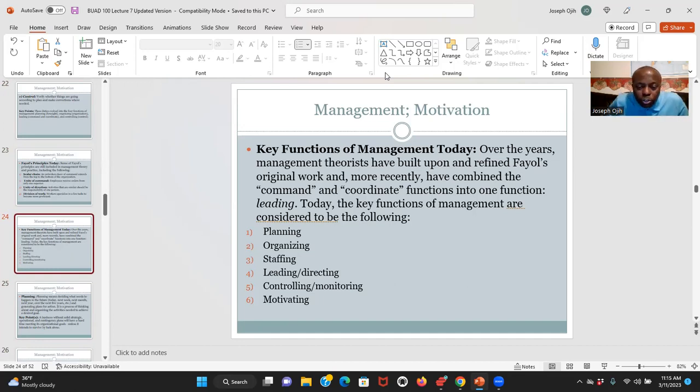So these are the main functions of management. Of course, there are other addenda to these functions, but these are the key ones that managers need to know how to do.